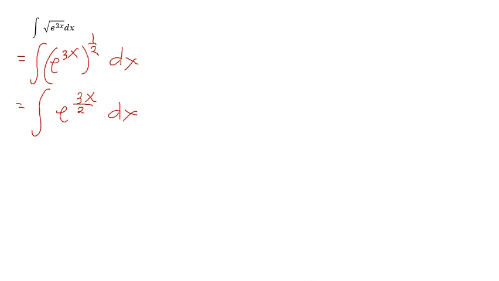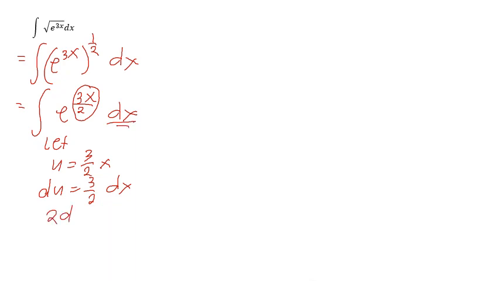Now, let 3x all over 2 be my u. Let u be equal to 3 over 2 x, so du is equal to 3 all over 2 dx. Now we need to isolate dx, so we will get 2 du all over 3 equals dx.